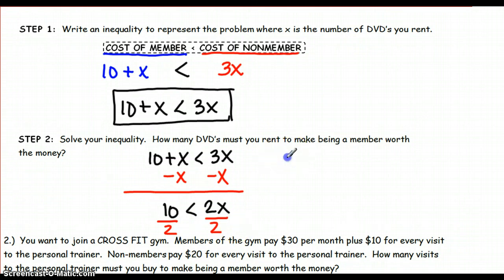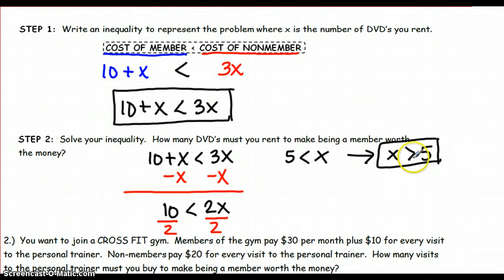So we get that 5 is less than X, which we can rewrite as X has to be greater than 5. So what this means is that a person has to purchase more than 5 movies for being a member to make a difference.